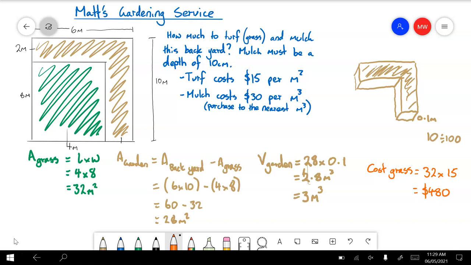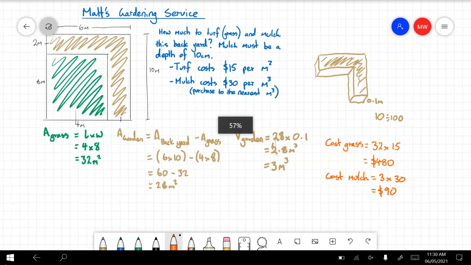And then the cost of the mulch is its volume, which is 3 cubic meters, multiplied by its cost, which is $30 per cubic meter, which is $90.